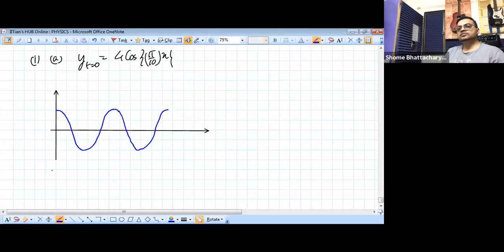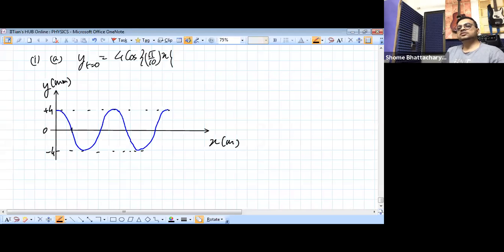So this is our y versus x graph at t equal to 0, where x is in meters, y was in millimeters. Y is ranging between this maximum value on the positive side, which is plus 4 millimeters, and on the negative side, which is minus 4 millimeters.